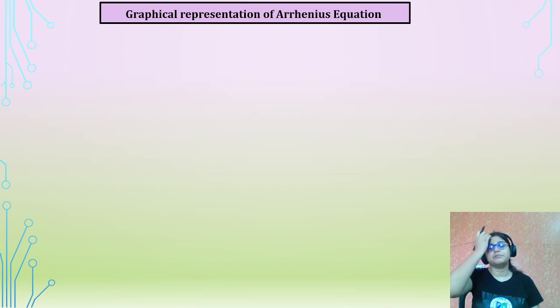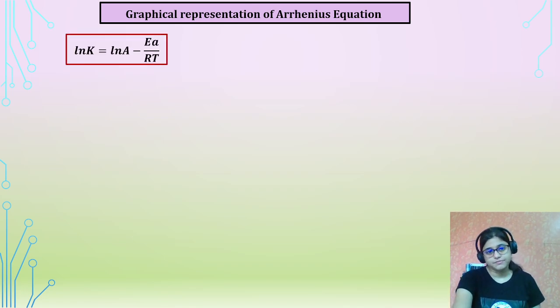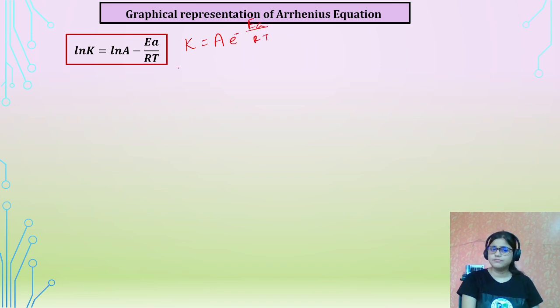Now graphical representation of the Arrhenius equation. Where are we coming to this from? Obviously, we have read about this, right? Right now, Ea by RT. If we take ln both sides, it will be like this. Now, ln k versus 1 by T. Ln k is y, and this is the x.